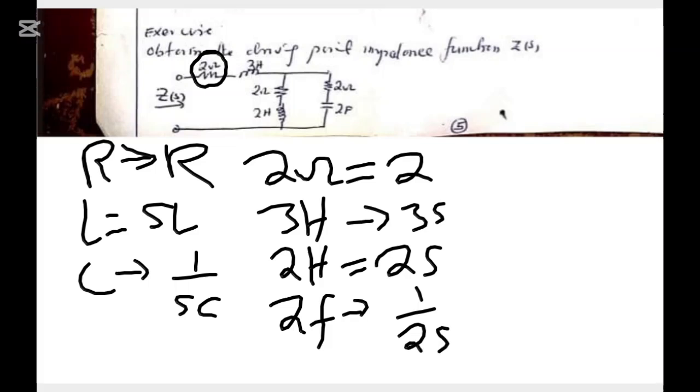So you have to take note of how to convert to S domain.